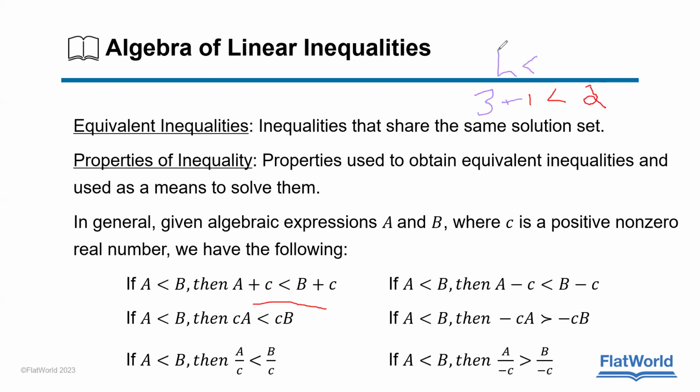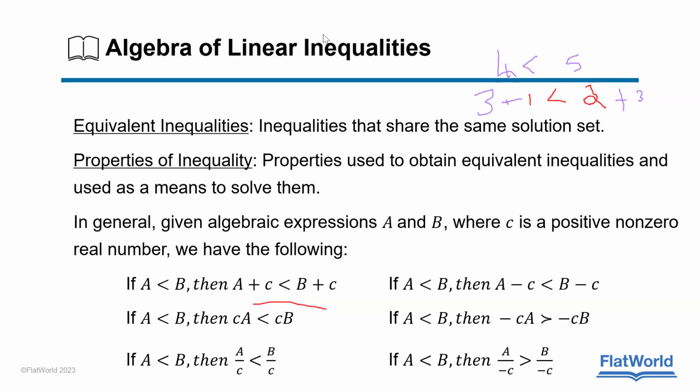For 4 to be less than the other side, I better add 3 to this side also. So now 4 is less than 5, and the inequality holds true. That's really what they're saying. Whatever you do on one side, you do on the other. Everything is the same as an equality.